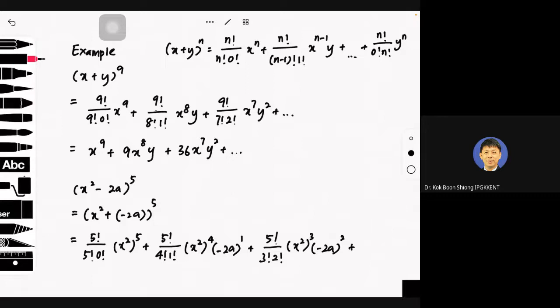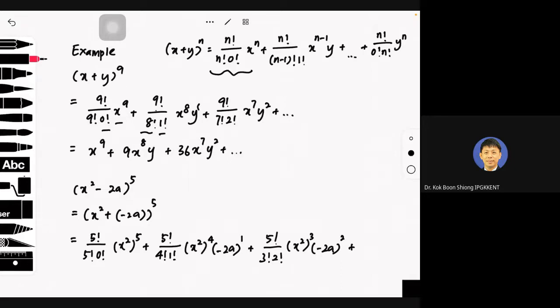So by looking at this formula, we can write in this form. 9 factorial divided by 9 factorial and 0 factorial x to the power of 9. So this is the first term. And then the second term will be 9 factorial over 9 minus 1, which is 8, factorial and y to the power of 1, 1 factorial.